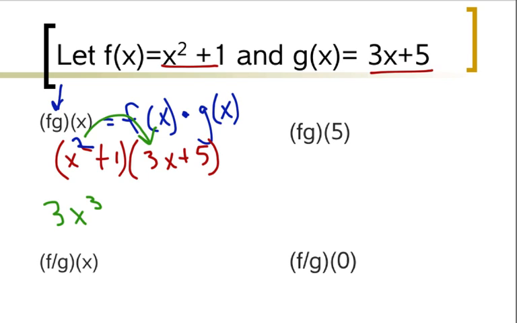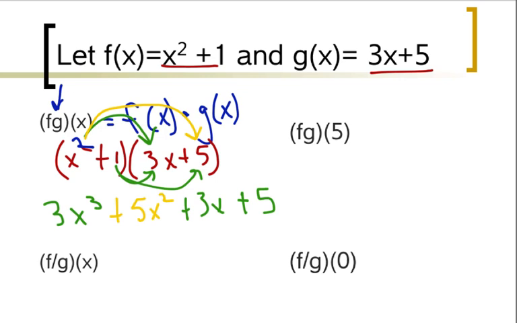I take my x squared and times it by my 5, and I should get 5x squared. And then I take my 1 times my 3x, and I should get 3x. And 1 times 5, I should get 5. Okay, and now if I had like terms, I'd combine them, but I don't, so I leave it just like that. So this is actually my answer for f times g of x.